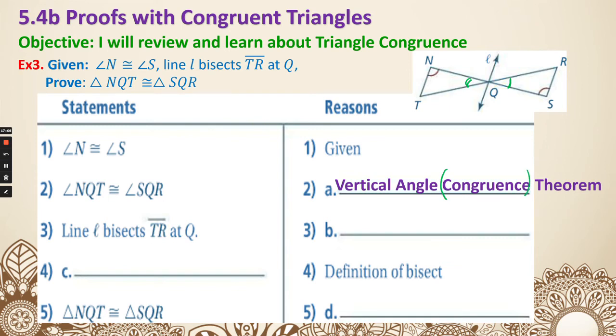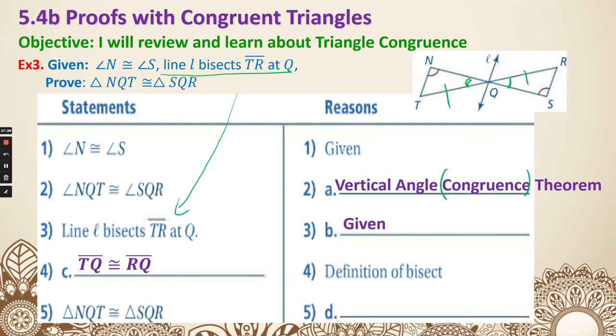That is fine. Next, you can see that it is given. After that, it says definition of bisect. When something is bisected, from the definition, we're just getting two parts that are the same. So TQ right there is the same as RQ right there.